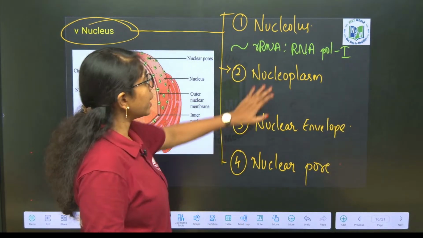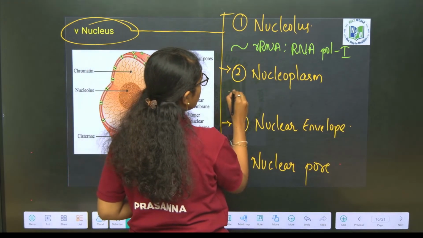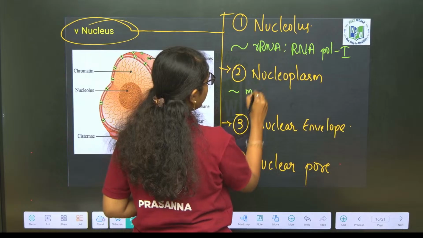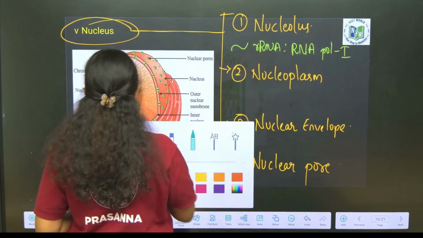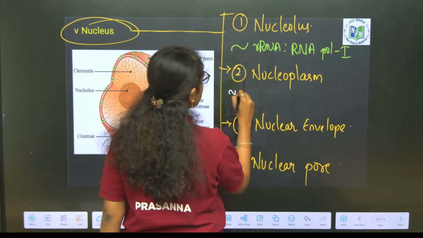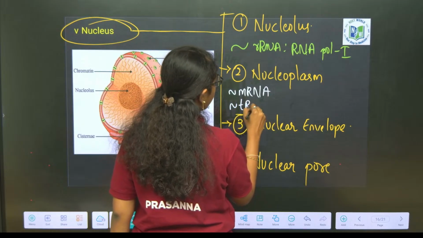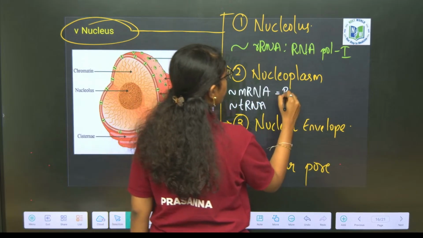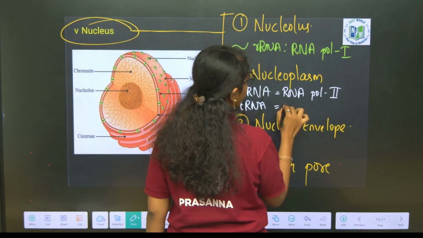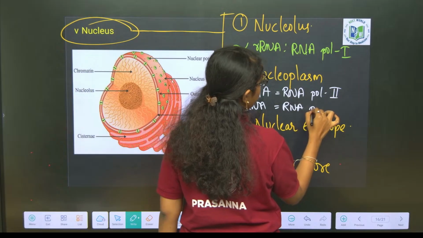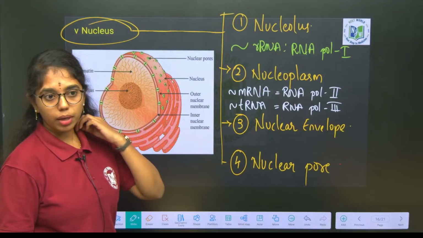And inside the nucleoplasm, synthesis of mRNA and synthesis of tRNA will happen. mRNA by RNA polymerase 2, tRNA by RNA polymerase 3.